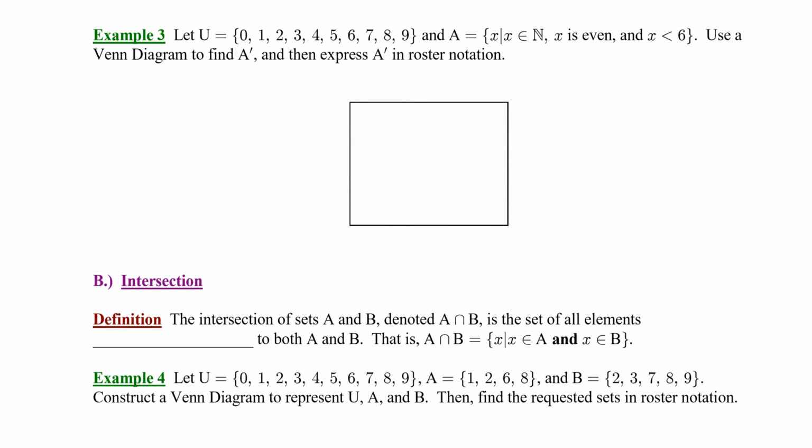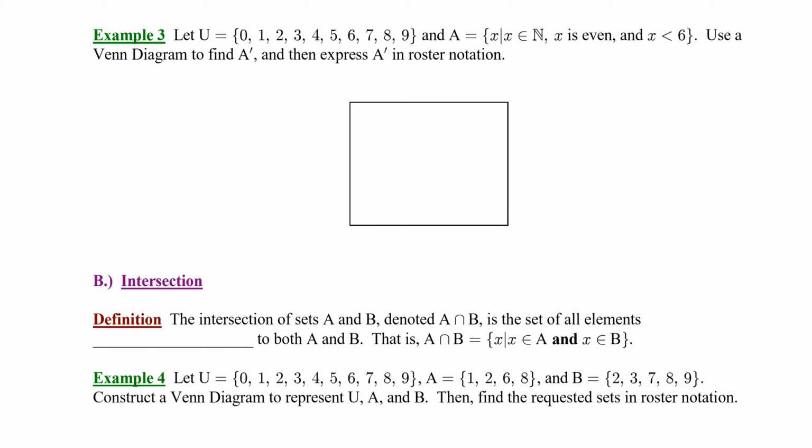Example 3. Let U, our universal set, contain elements 0, 1, 2, 3, 4, 5, 6, 7, 8, and 9. So we're dealing with a frame of reference of numbers this time. And define set A to be the set of all x, such that x is an element of the natural numbers, x is even, and x is strictly less than 6.